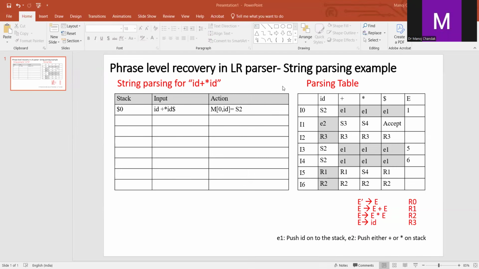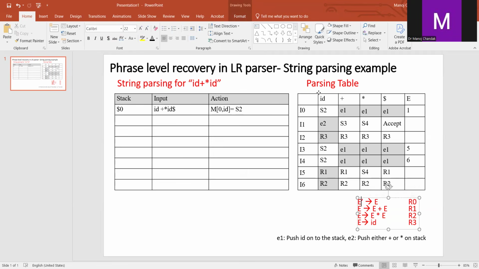Hello everyone. In this video, I will explain the string parsing in LR parser using the concept of error handling and recovery. We already have seen the two videos related to this concept. The grammar is given, which is seen here with rules R0, R1, R2, and R3.